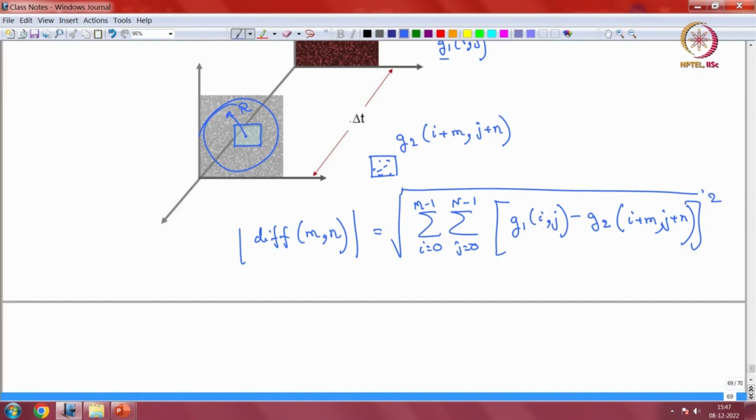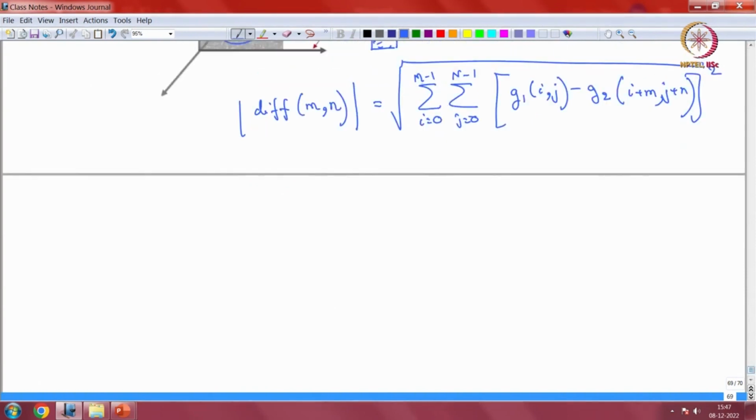Just to clarify, this is m minus 1 because my i counter starts at 0. If you are starting at 1, which is what would happen in images, this will just go to m and n.